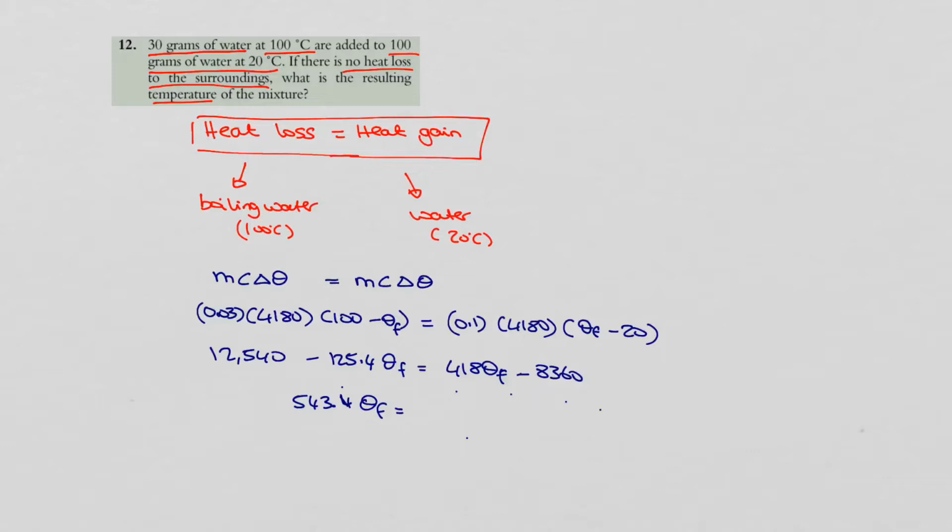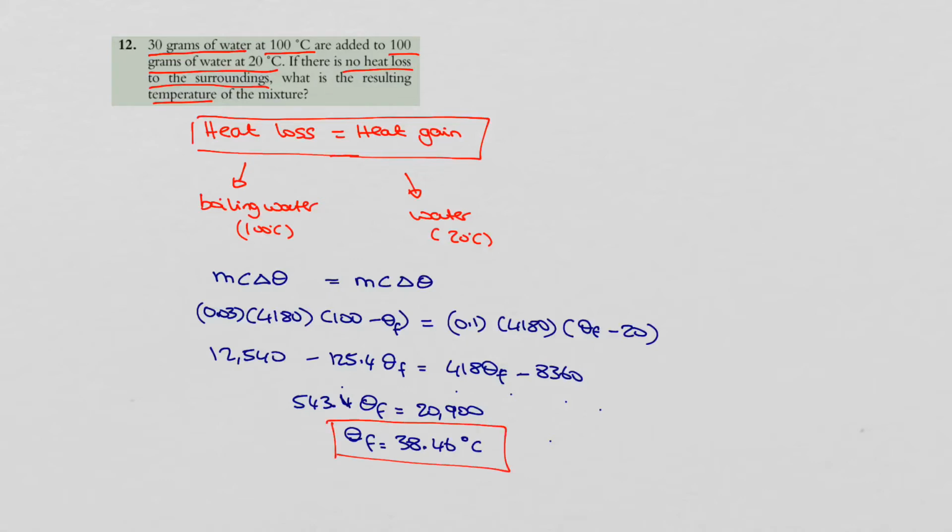So the final temperature is equal to 12,540 plus 8,360. So it's 20,900. And therefore the final temperature, if I divide across by 543.4, I end up with the final temperature to be 38.46 degrees Celsius.